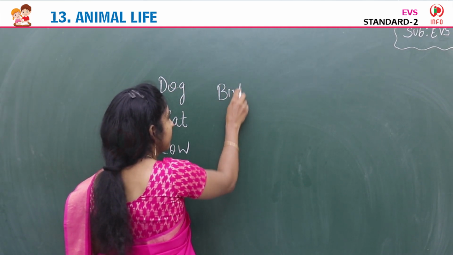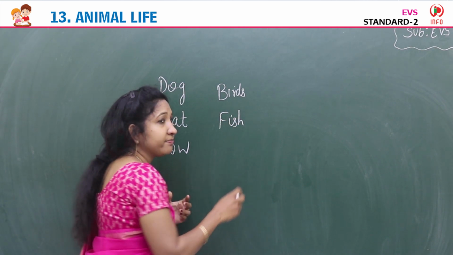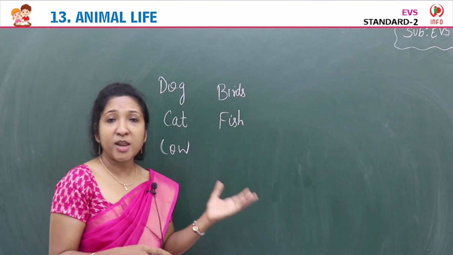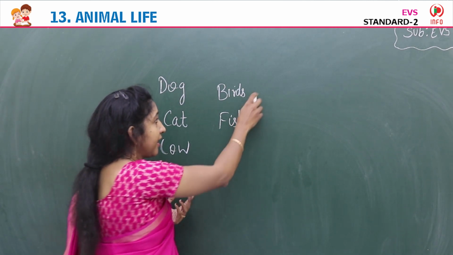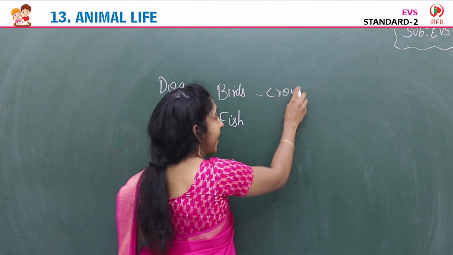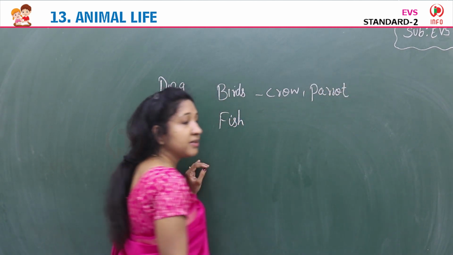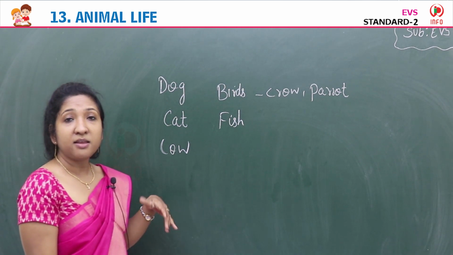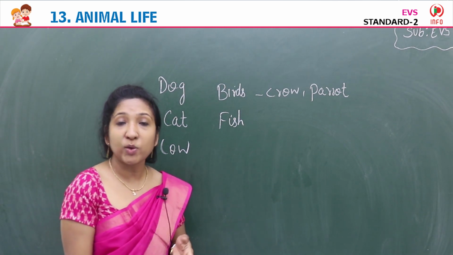Birds, fish, then yes, there are few animals like this we can see around us. Birds like crow, parrot.